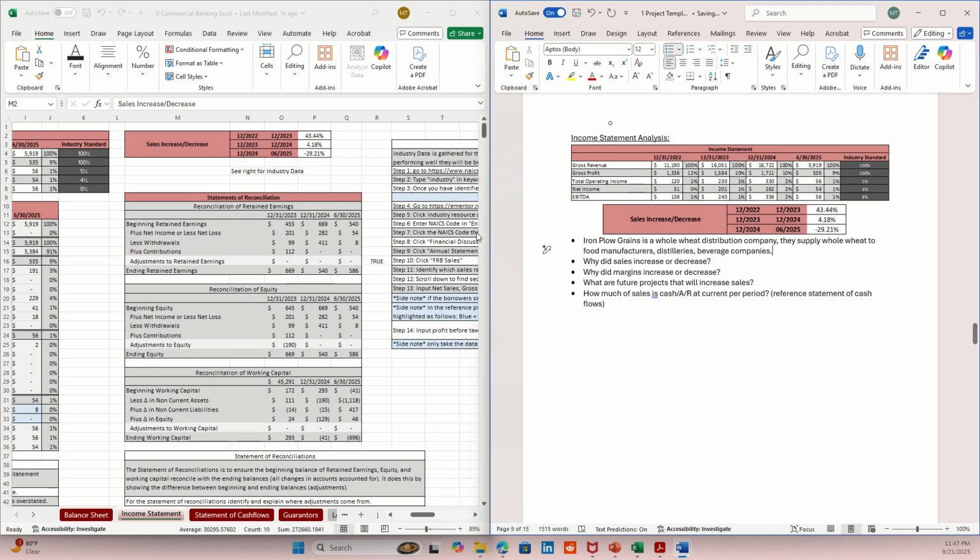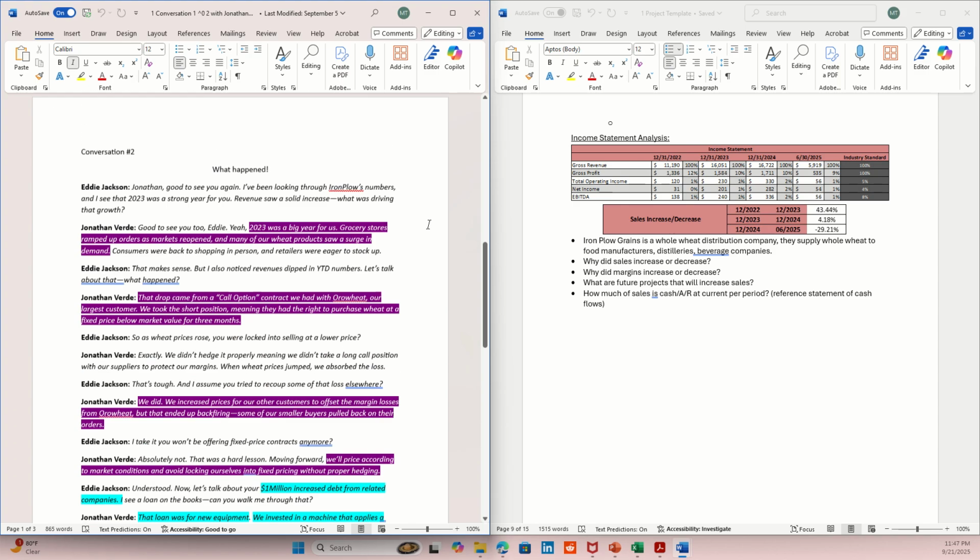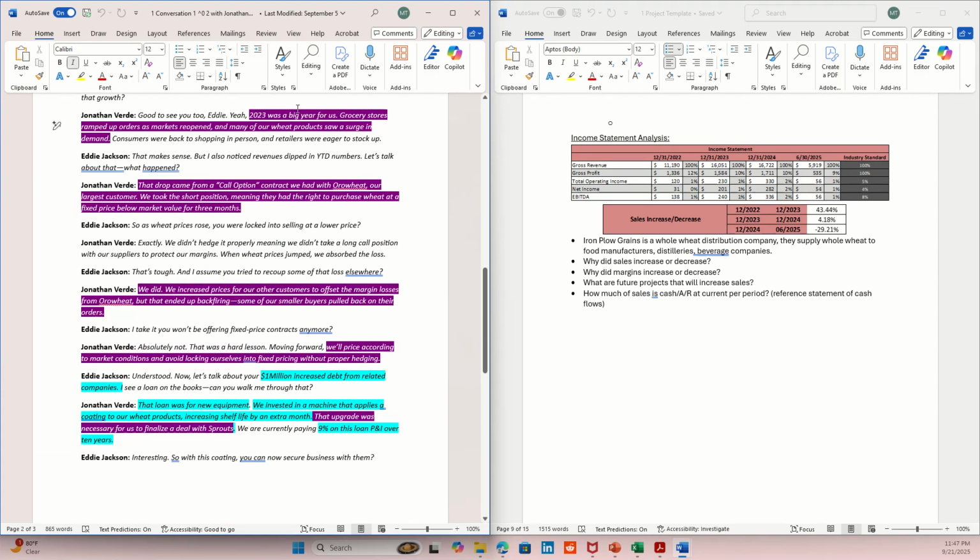Simple statement. You want to find out what this company does, who they're selling to. Why did sales increase or decrease? Sales increased from 2022 to 2023, then increased again from 2023 to 2024, and then decreased from 2024 to 2026. Inside of our conversation, we know why sales increased and decreased. We highlighted it, I personally highlighted it in purple. You guys might have highlighted it in a different color.